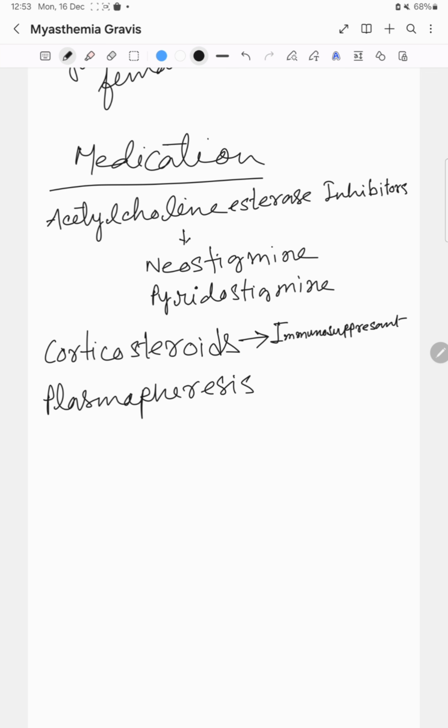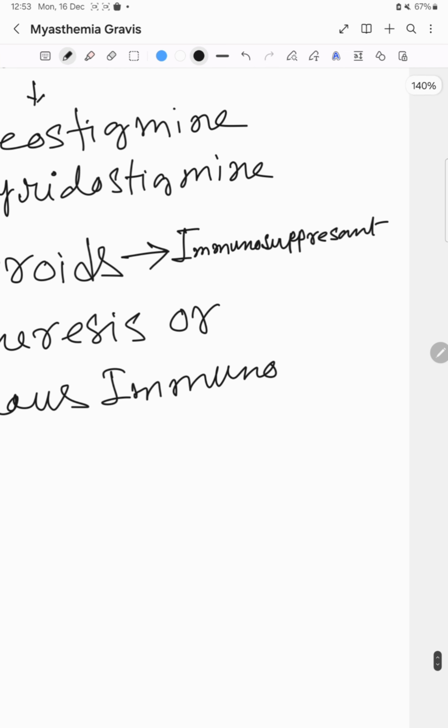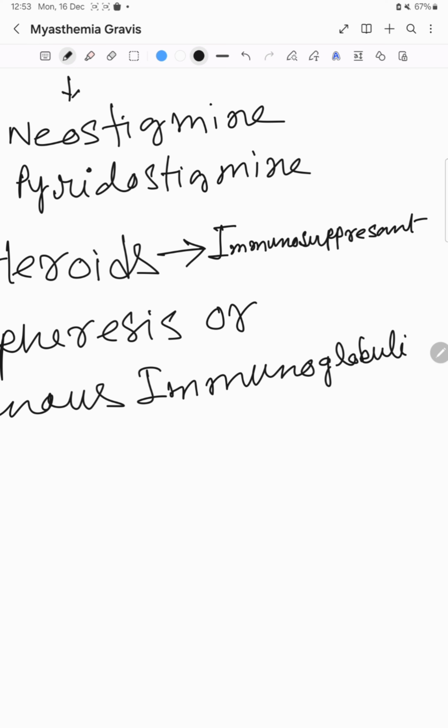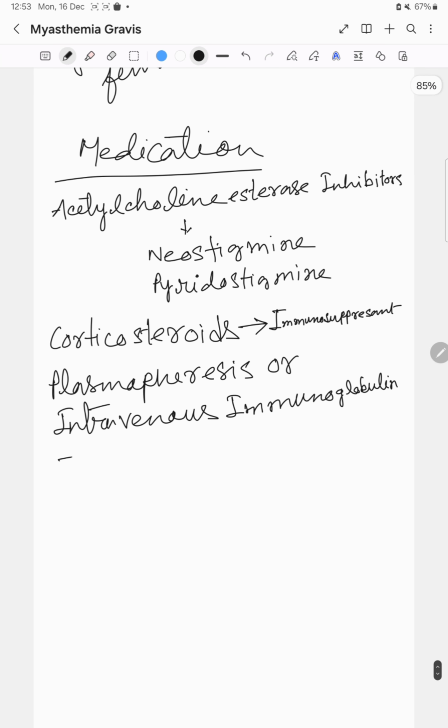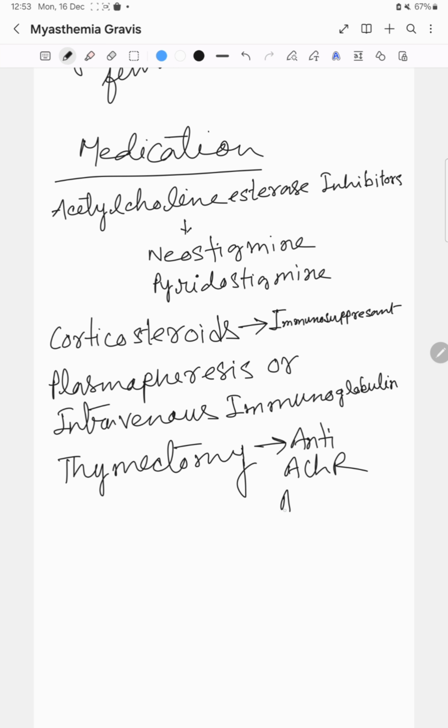And the last thing is thymectomy. This thymectomy we only perform for myasthenia gravis formed by anti-acetylcholine receptor antibody mediated myasthenia gravis. We do thymectomy only for these patients.